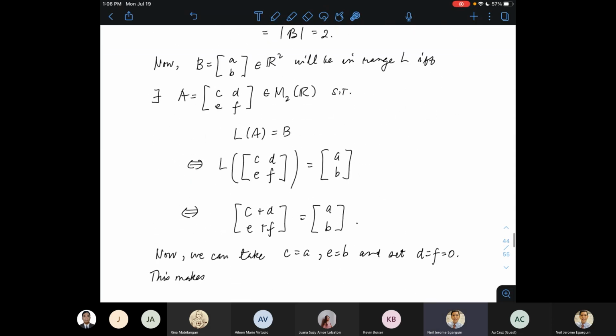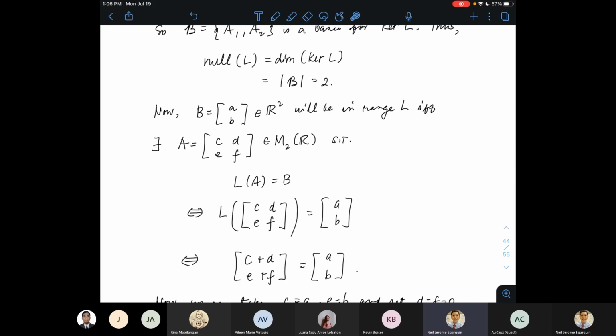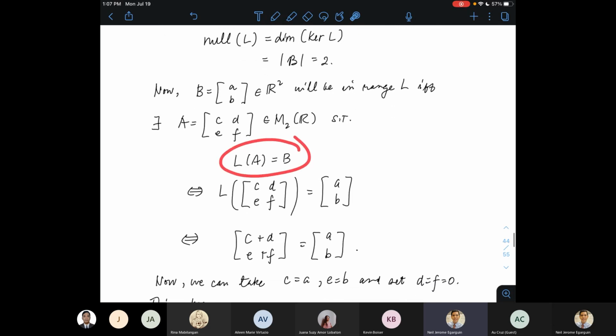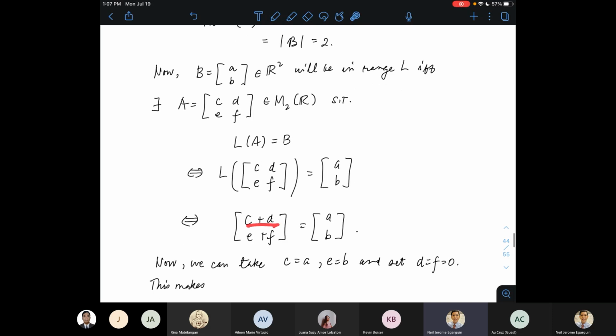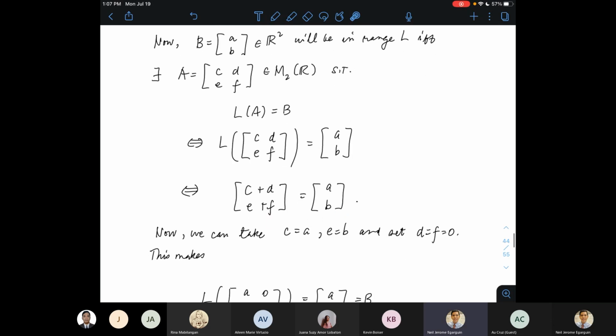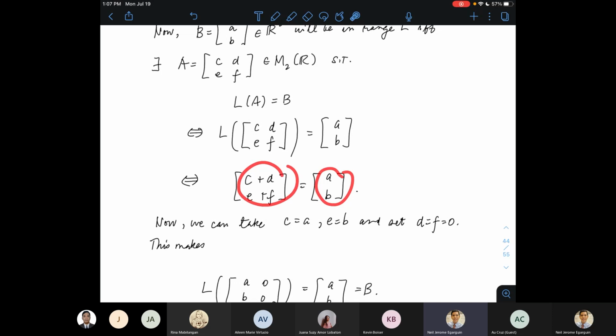So here I am claiming that any two vector (a, b) belonging to R squared will be in the range. So that will happen if and only if we can find a matrix of this form such that L of A is equal to B. Okay, but L of A is equal to B if and only if (c plus d, e plus f) is equal to (a, b). Right? And how can we realize (a, b) to be of this form?